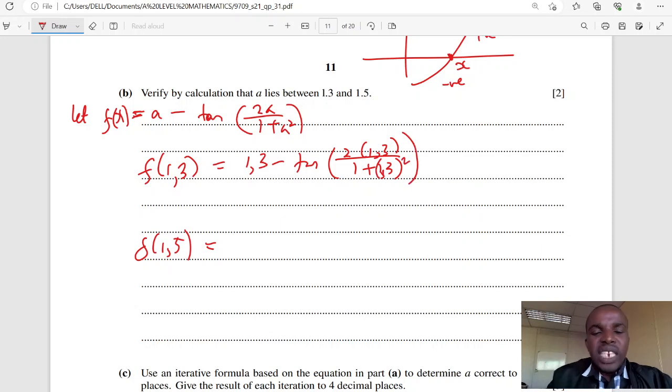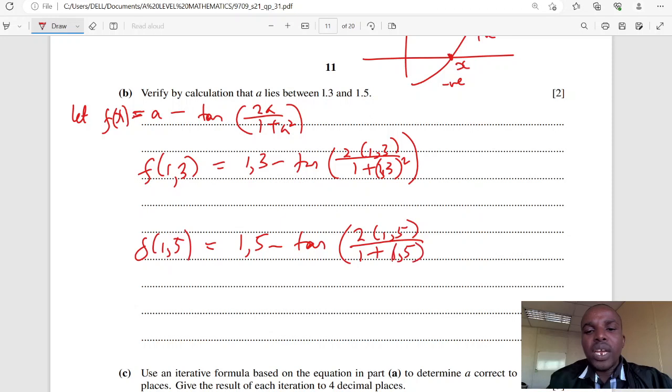Then down here you can also say 1.5. Where there is a, you put 1.5 minus tan of 2 times 1.5 over 1 plus 1.5 squared.